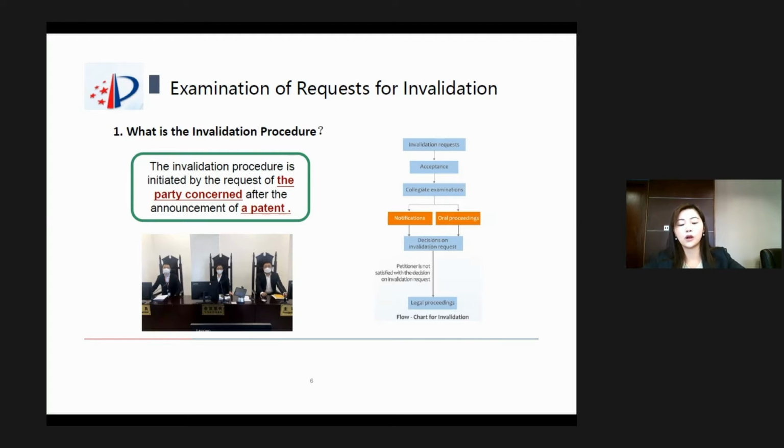The petitioner, being either a judicial person or natural person, initiates an invalidation procedure by filing a request for invalidation towards a patent. If the patentee amends the claims, the petitioner can file further grounds with respect to the amendments within a time period designated by the panel.